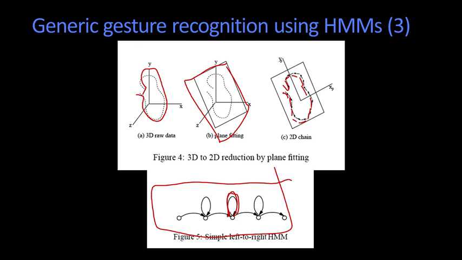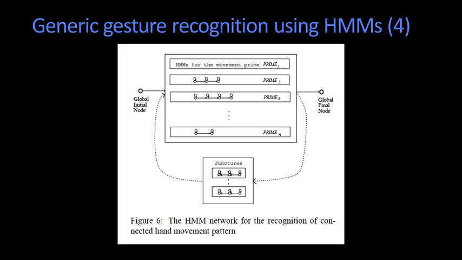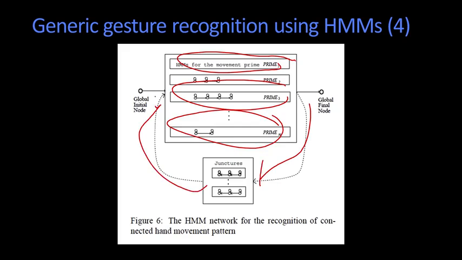So they trained up these HMMs, and they did 1 HMM for each gesture. They also did some stuff that had to do with what they call junctures, doing transitions between gestures so that it could parse them. I don't think I'll talk about that here.